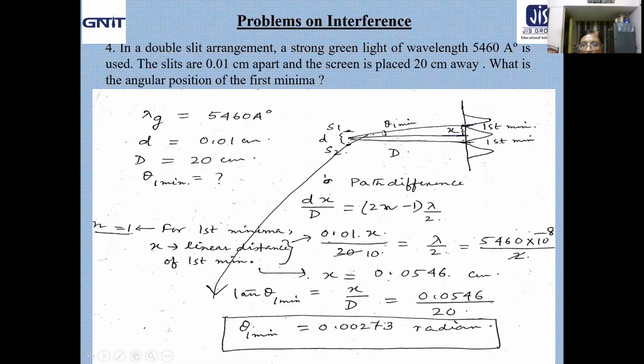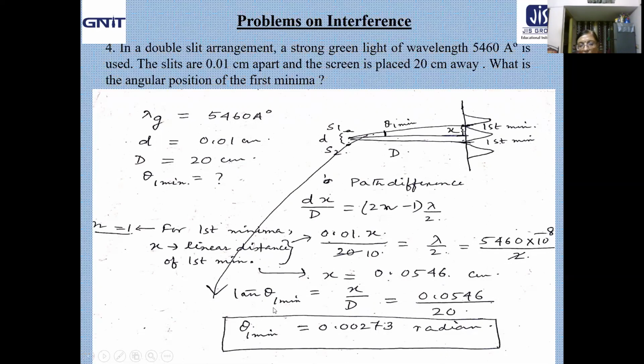Capital D is given, you are asked to find out theta. So what about the corresponding formula? Obviously tan theta equal to x by D. So let us put the value, x value you found out already, capital D is given, and you will find out theta 1 minimum in radian as 0.00273.